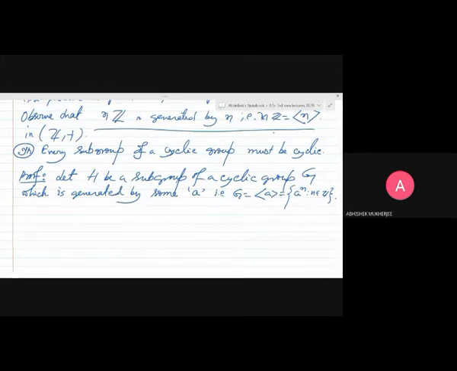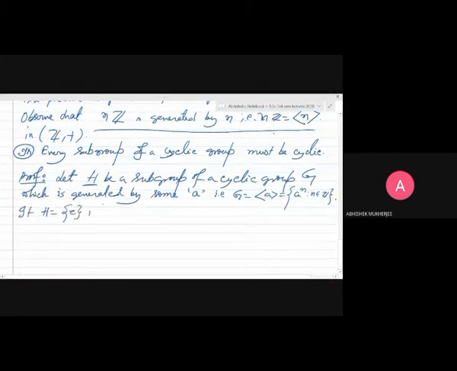Now we need to check that H is also a cyclic group generated by some element of H. Now first of all, if H is the trivial group, then we are done.